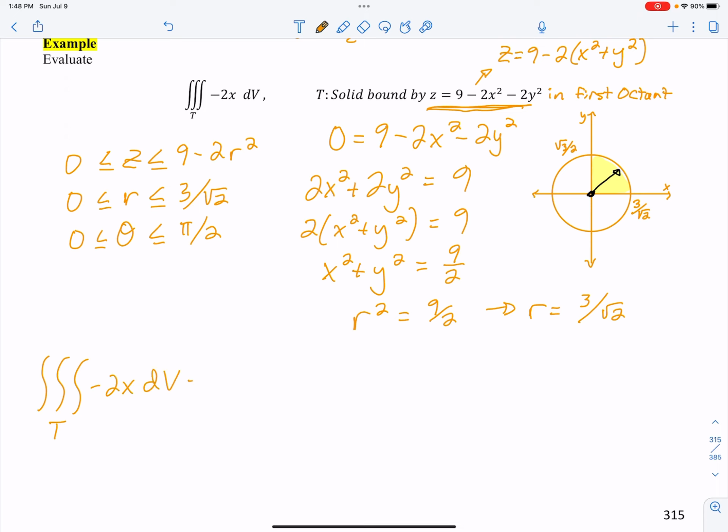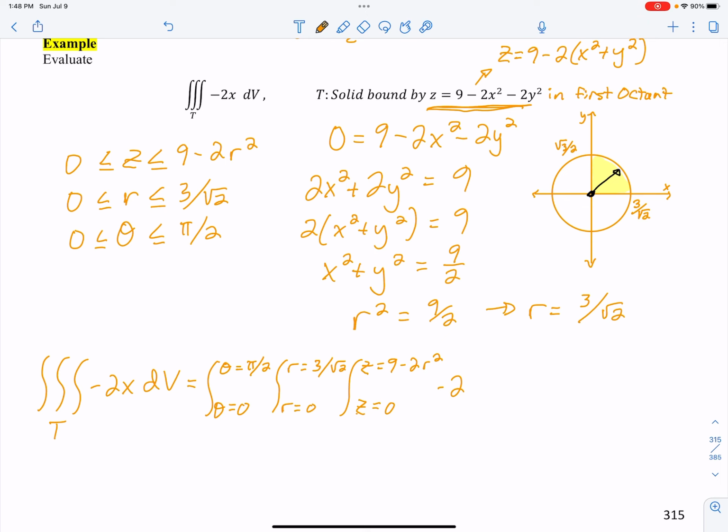Cool. All right, so we have theta's between 0 and pi over 2. We have r is between 0 and 3 over radical 2. And then the last thing, z, is caught between 0 and 9 minus 2r squared. I have to fix this one. It doesn't have a 1. It has this in it.